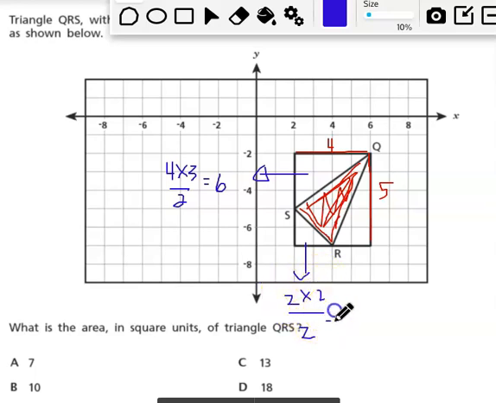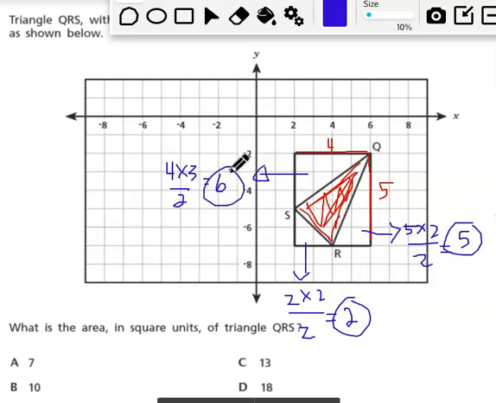So that's 4 divided by 2, that gives you 2. And this triangle over here, we could say 1, 2, 3, 4, 5. 1, 2. So that's 5 times 2, and divide by 2. So that's 10 divided by 2, which gives you 5.